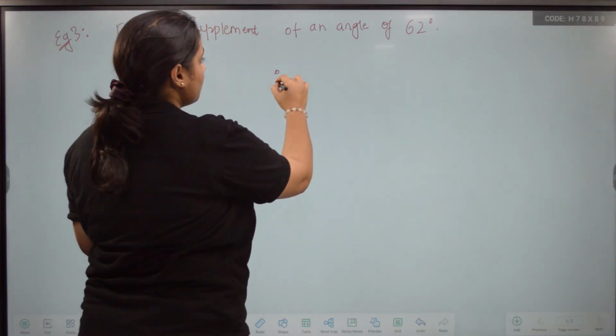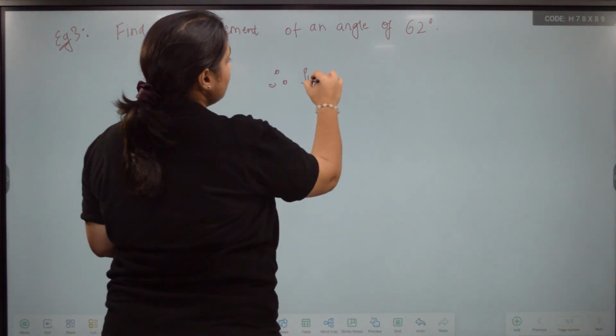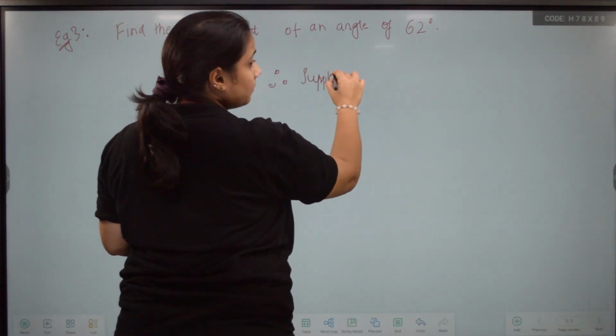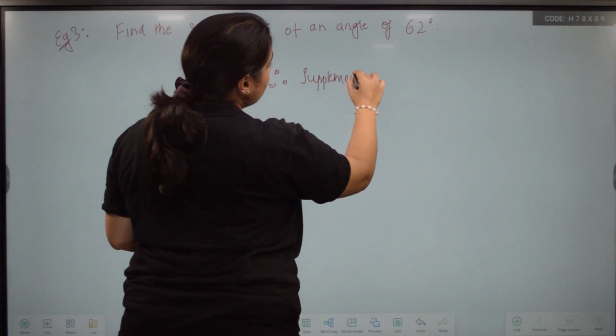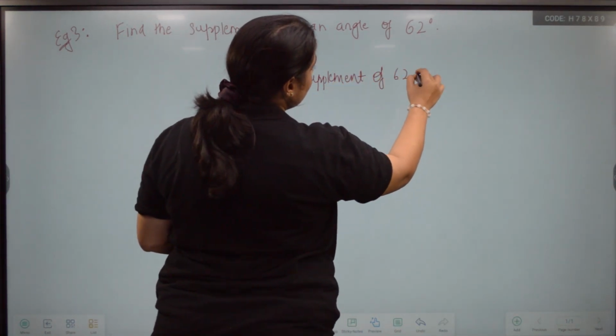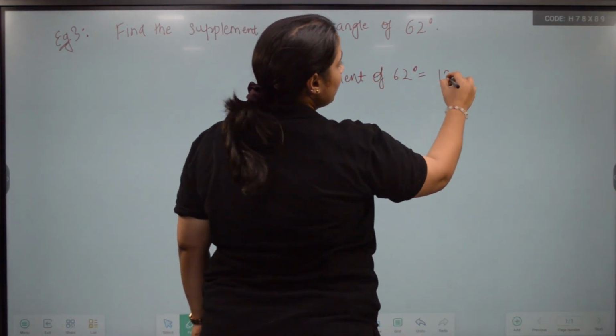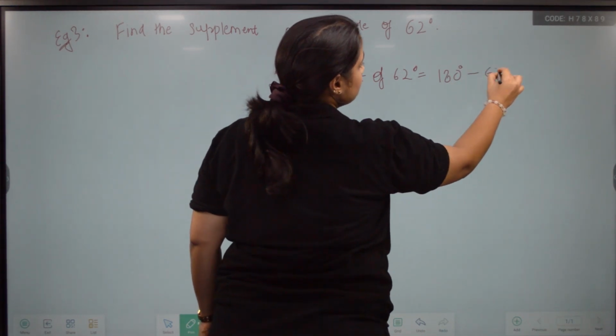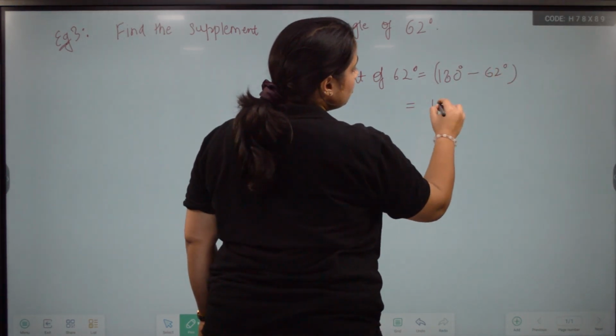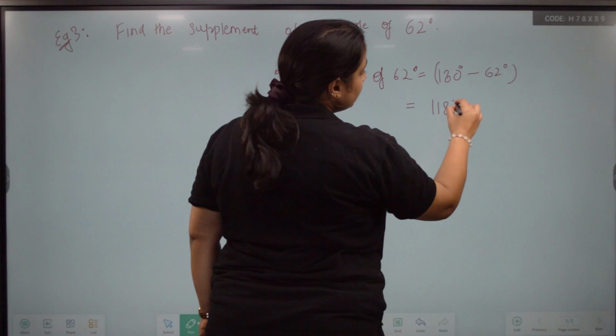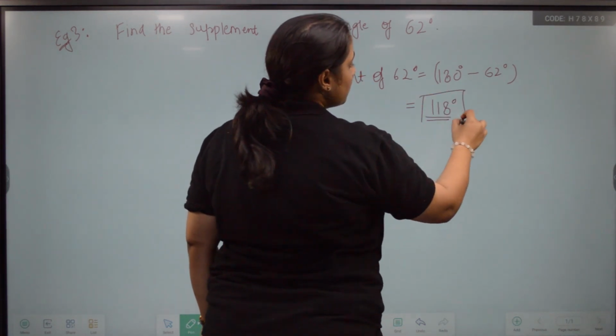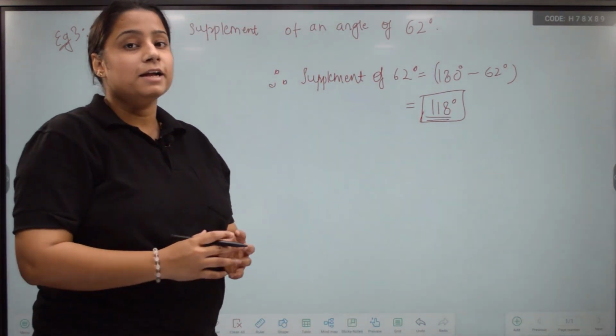Hence, we can write it as the supplement of 62 degrees will be equal to 180 degrees minus 62 degrees, which is equal to 118 degrees. Hence, the required answer is 118 degrees.